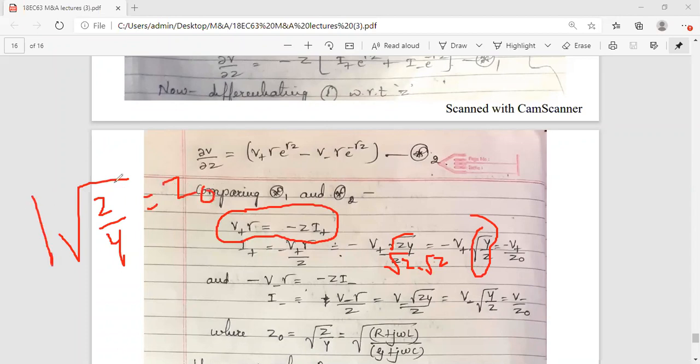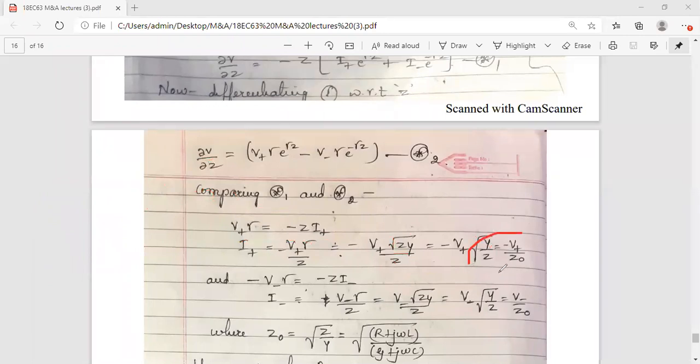This is important, it is called the characteristic impedance of a transmission line. You will be getting this throughout your subject and in many of the things. So remember, square root of Z by Y, impedance by admittance, is equal to the characteristic impedance whose value is 120 pi, 377 ohm.